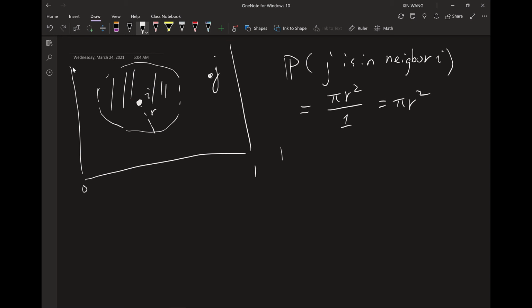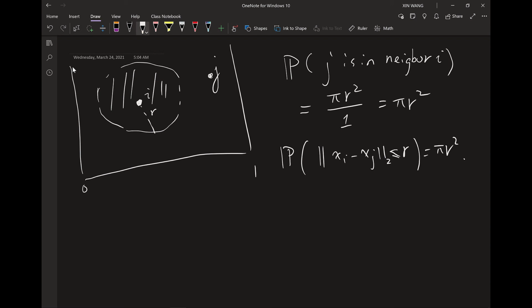This is an illustration example in the 2-norm, and we can generalize it to any other norm. Because we have a lot of points, besides point i we have n-1 points. For each point, there's a chance pi r squared that this point will lie in this neighborhood.